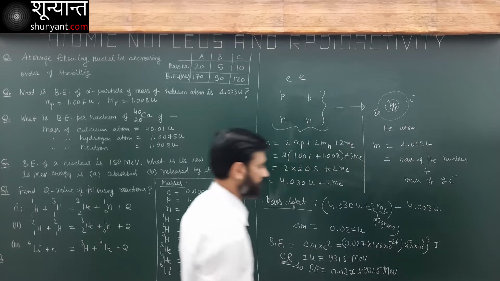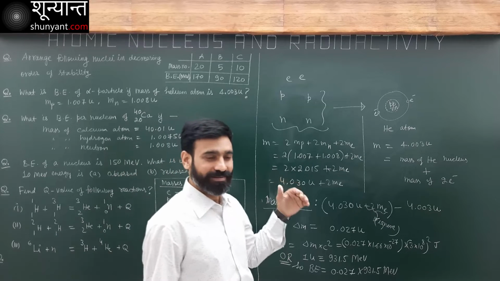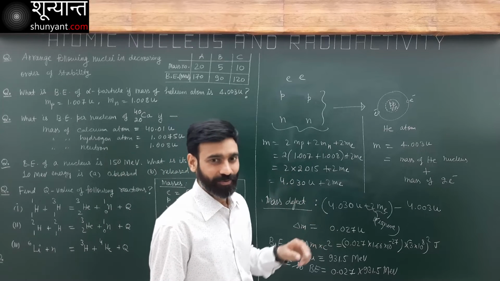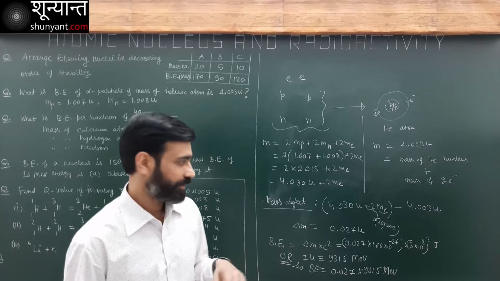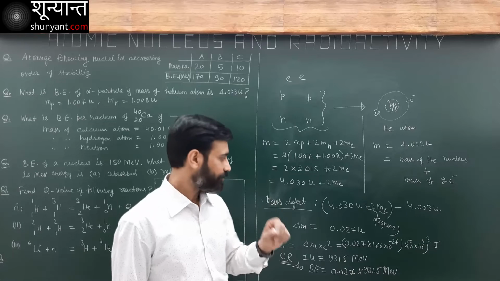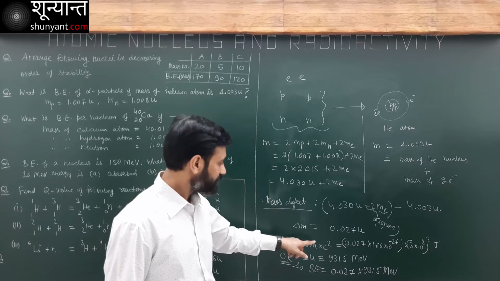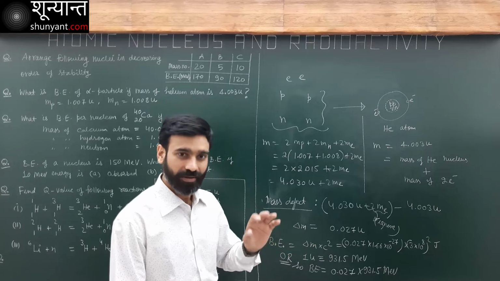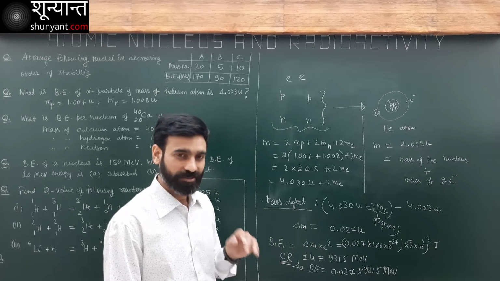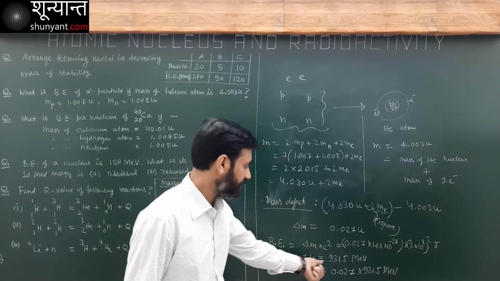This becomes joule. Then you convert this into electron volt and then mega electron volt, or million electron volt. You will get exactly the same answer. But this type of calculation is not required. It is not expected. What is expected is you are able to calculate in this manner here.